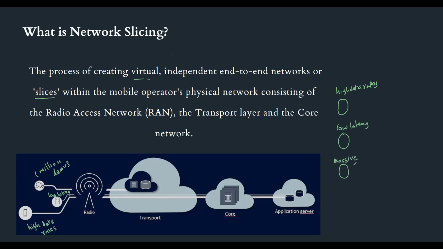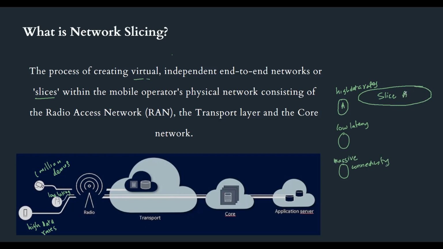So based on these requirements, the telecommunication service provider will provide a certain set of resources for this person, right? And that is known as a single slice. So slice one will be allocated to, we'll say this is A, a certain set of customers who want high data rates.